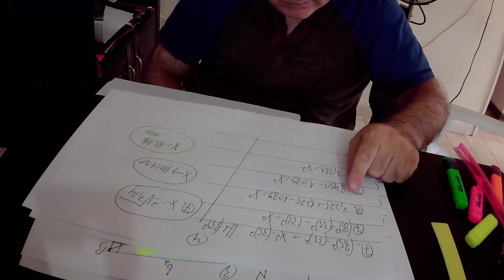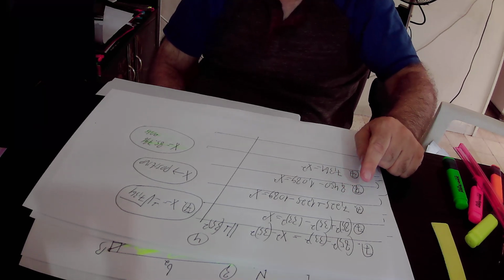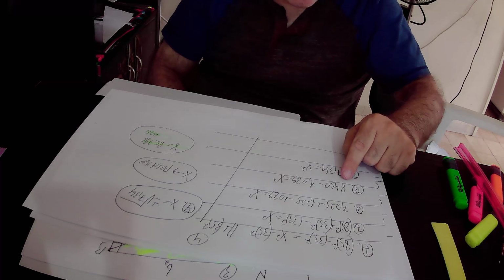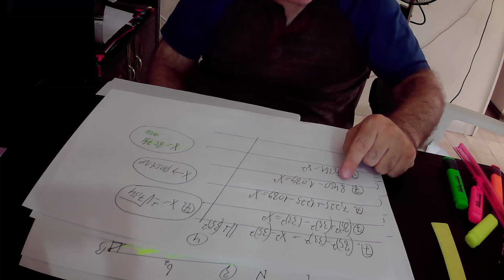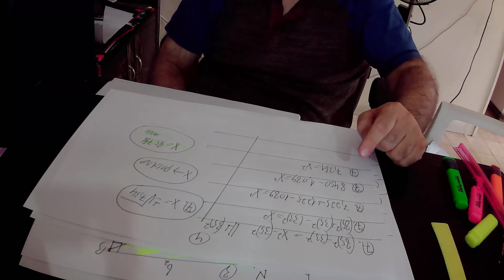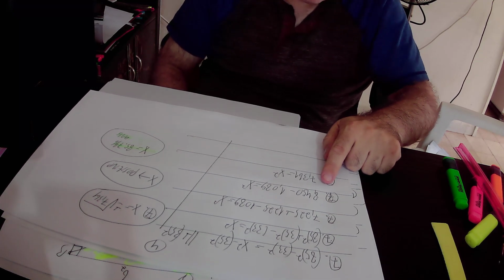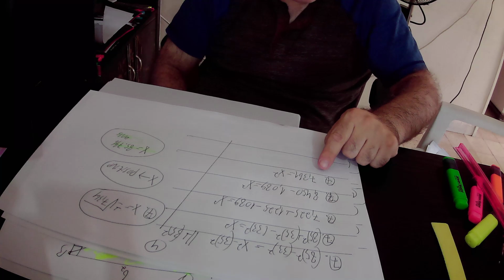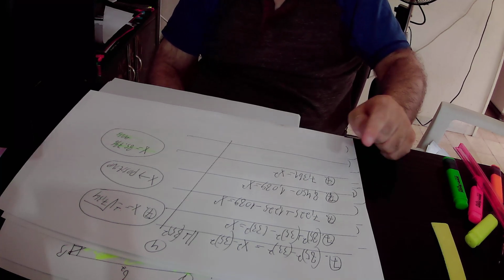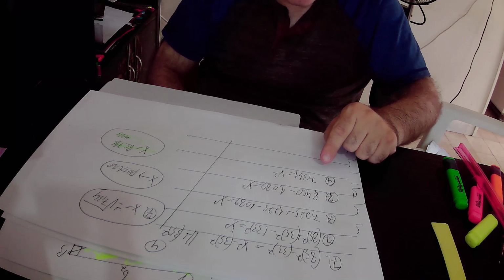So according to equation number 7, 7225 plus 1225 minus 1089 equals x squared. 7225 plus 1225 is 8450, minus 1089 equals x squared. 8450 minus 1089 equals 7361. So in conclusion, according to equation number 7, x squared equals 7361.